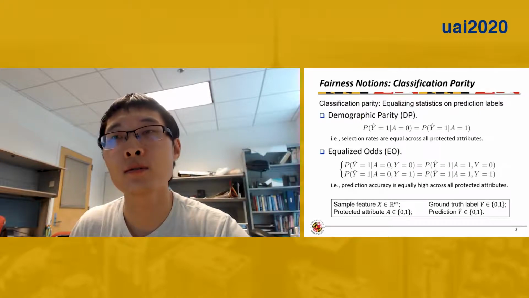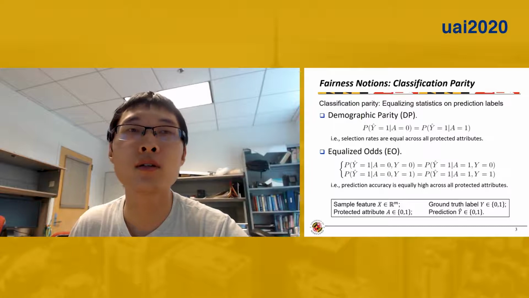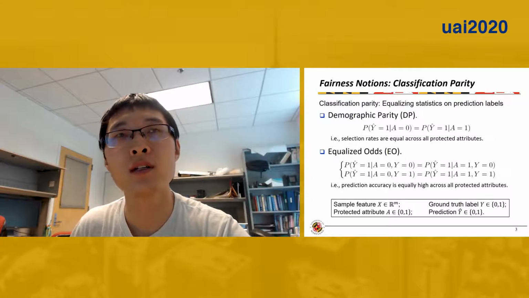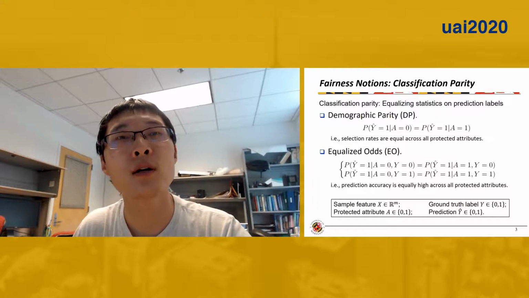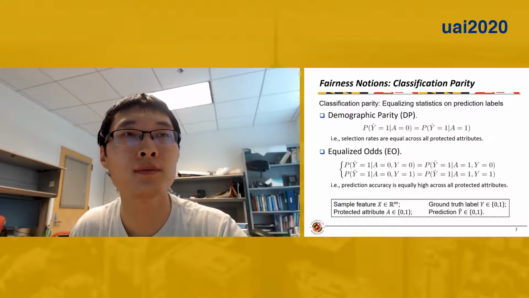Another notion is equalized odds, EO, which enforces equal prediction accuracy across all the groups of protected attributes. That is, the true positive rates and false positive rates are equal across the different groups.